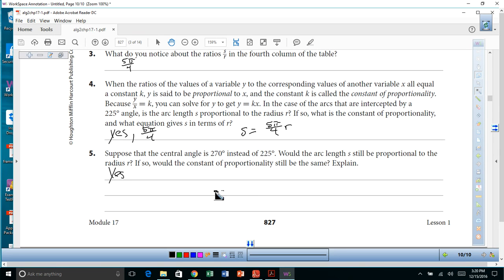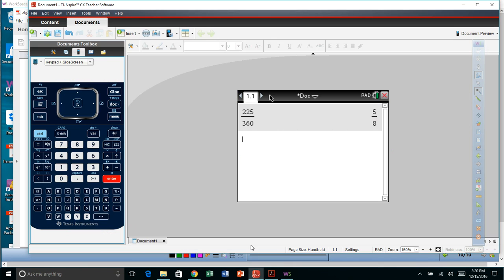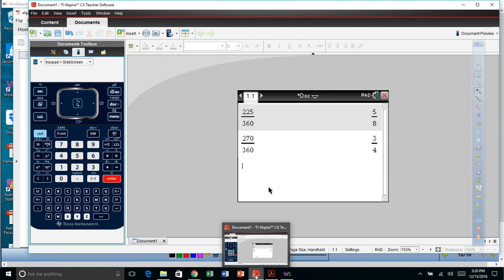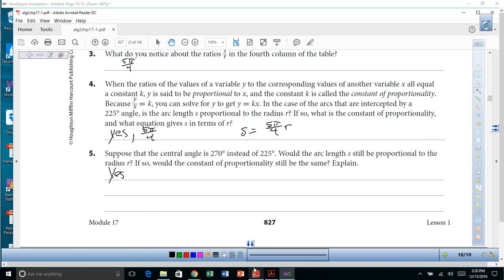Well, let's go to our calculator. 270 divided by 360, that's going to give us 3 over 4. Okay, 3 over 4, and compared to what was it a minute ago? It was 5/8.